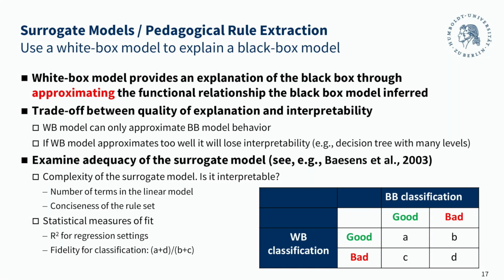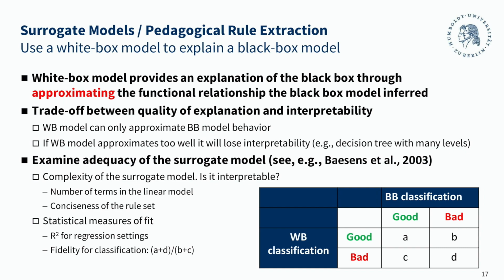And if that were not a regression type of model but a classification model, what's commonly done is to construct a confusion table like that one, where we could tabulate the black box classification against the white box classifications, and then just produce an ordinary confusion table.